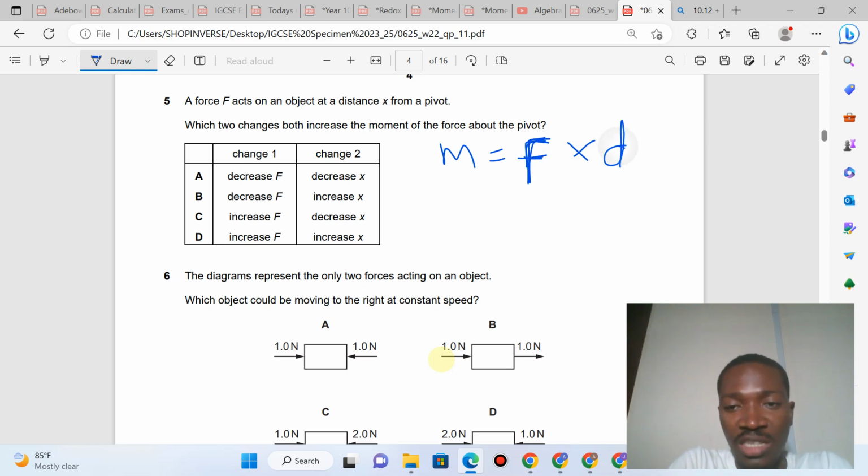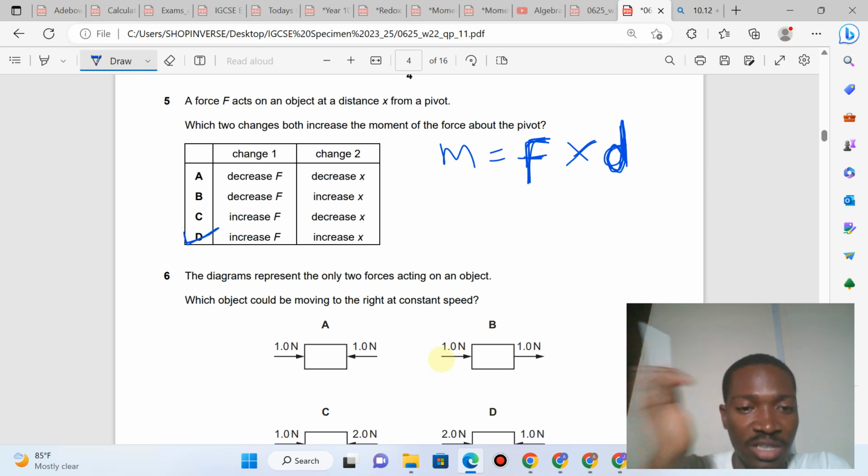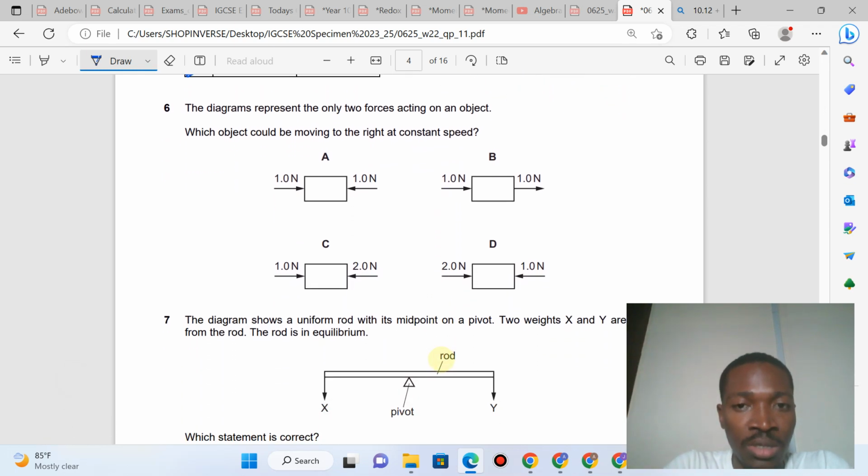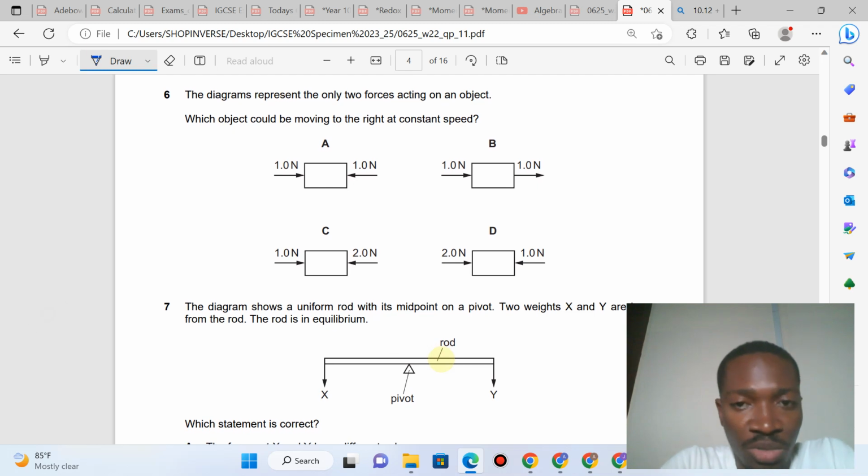Also, if the distance between that force and the pivot is increasing, the moment will also increase. Now look at our options. Decrease F, no. Decrease F, no. Increase F, decrease X, no. Increase F, increase X. Perfect. Increasing force and increasing distance will increase the moment. This question should be on resultant forces.